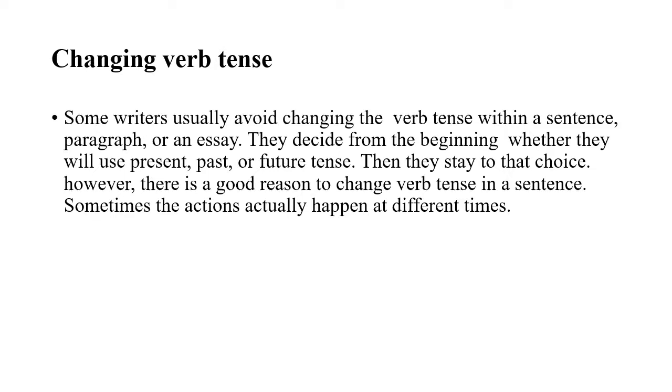So, however, there is a good reason to change verb tense in a sentence because it is not an easy process that you always stay talking or writing to a certain choice, to one choice. I mean to one situation. Sometimes the actions actually happen at different times. I think this is all what I can say now.